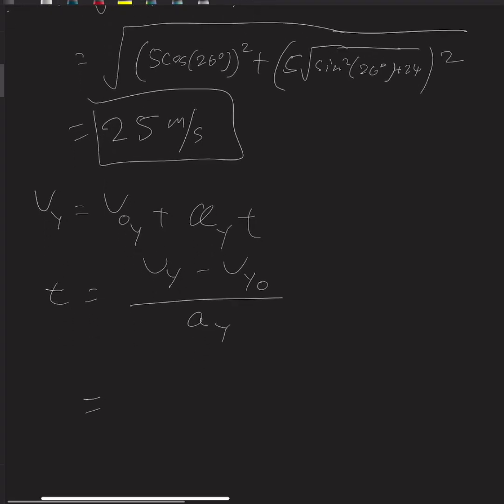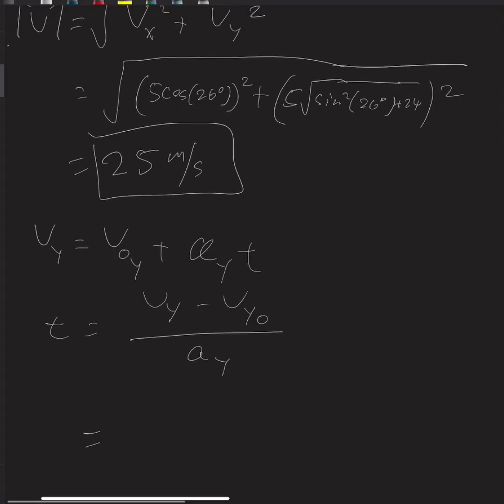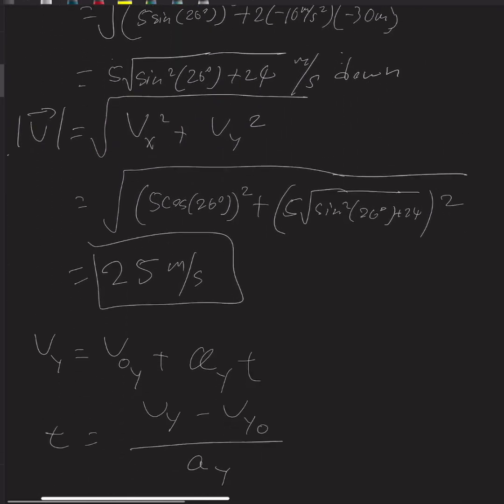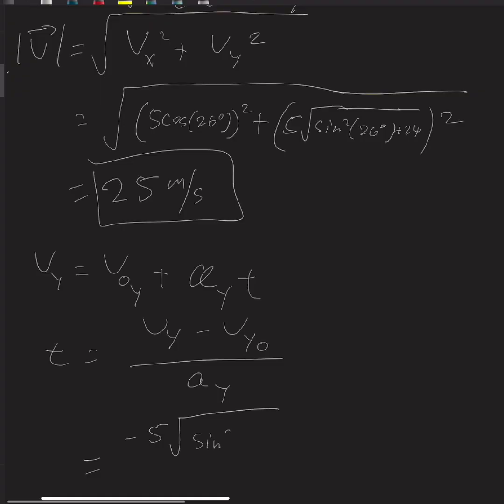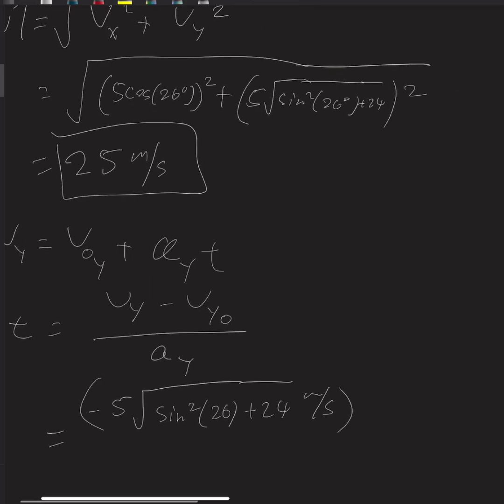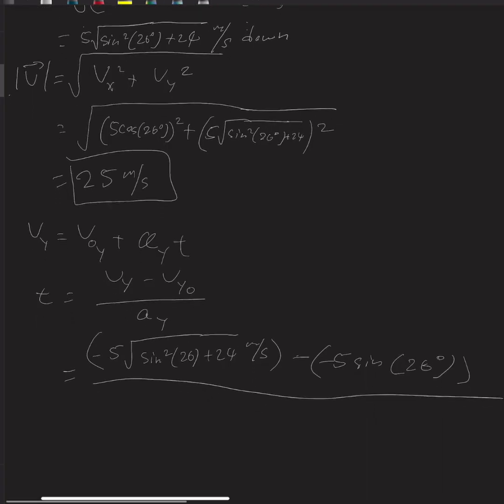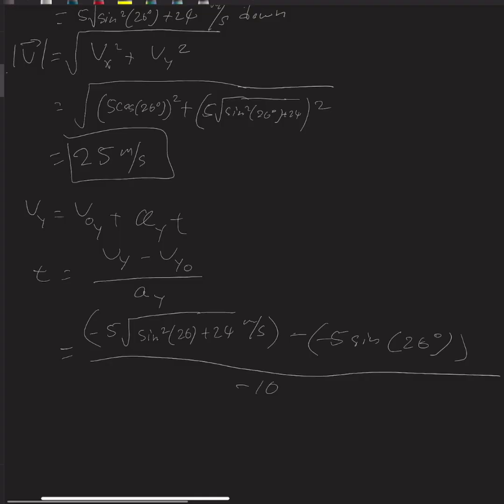So it's the y direction, so that's negative 5 times the square root of sine squared of 26 plus 24 meters per second, minus the initial velocity, which is negative 5 sine of 26 degrees, all divided by negative 10 meters per second squared.